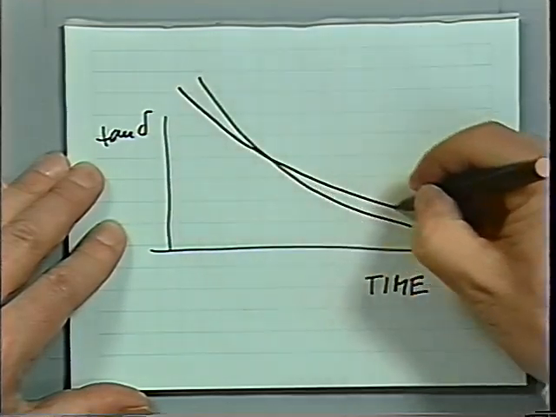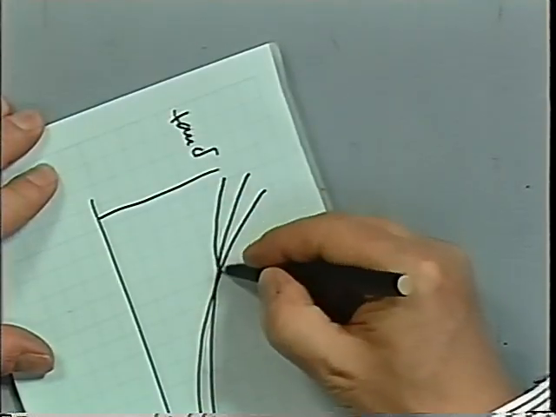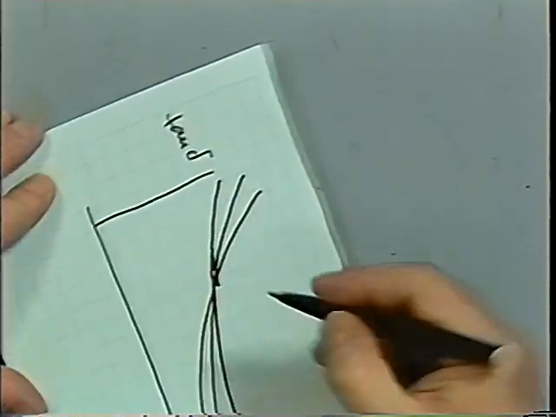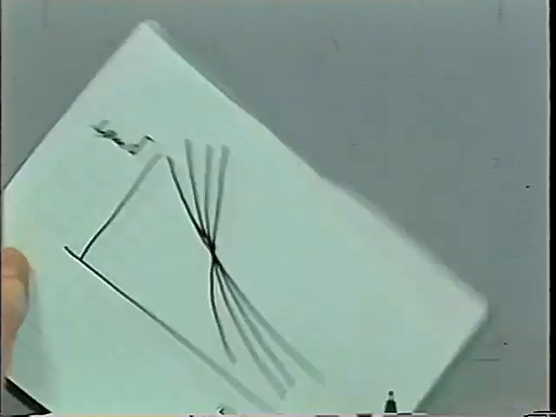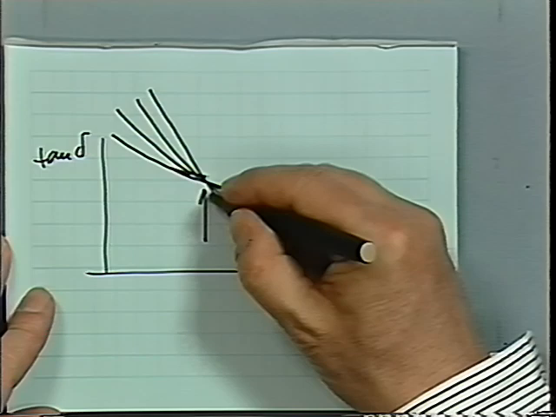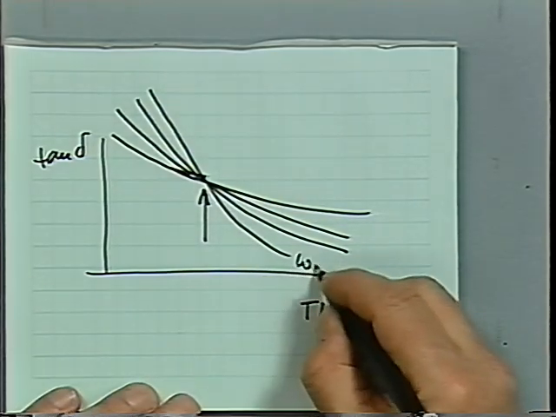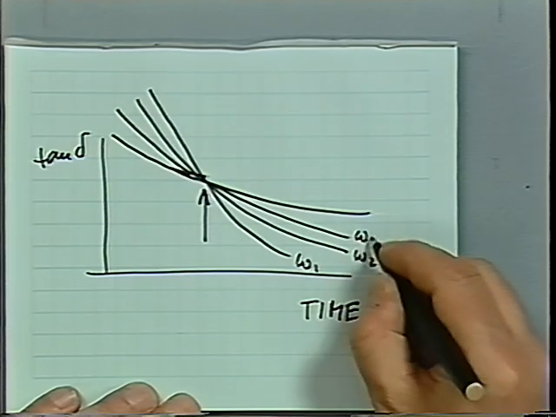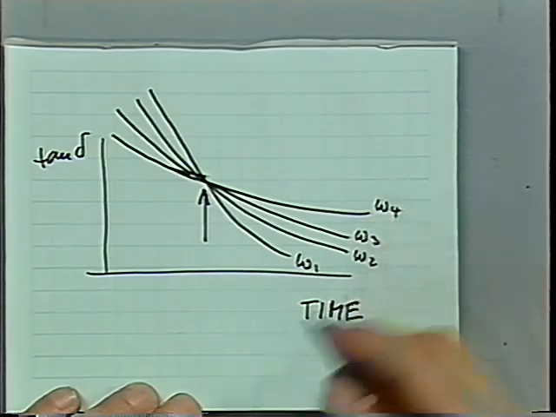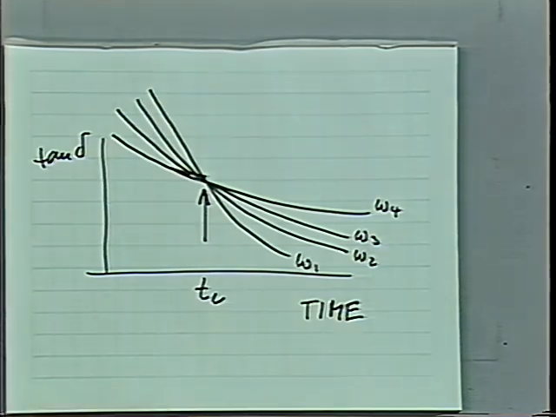This would be the first frequency, second frequency, and let me turn it around here, third frequency. If you just do this at a number of different frequencies, then the instance where tan delta is independent of frequency, say omega 1, omega 2, omega 3, omega 4, where this is independent of frequency, that is the gel point.